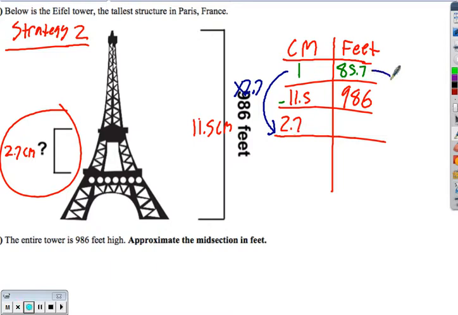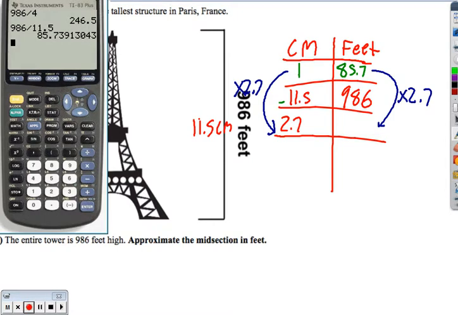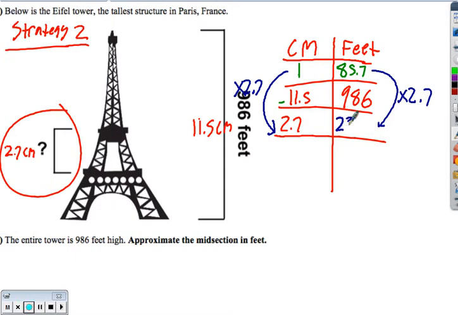So similarly, we're going to have 2.7 times as many feet. If we do this calculation, 85.7 times 2.7, that gives us 231.39.